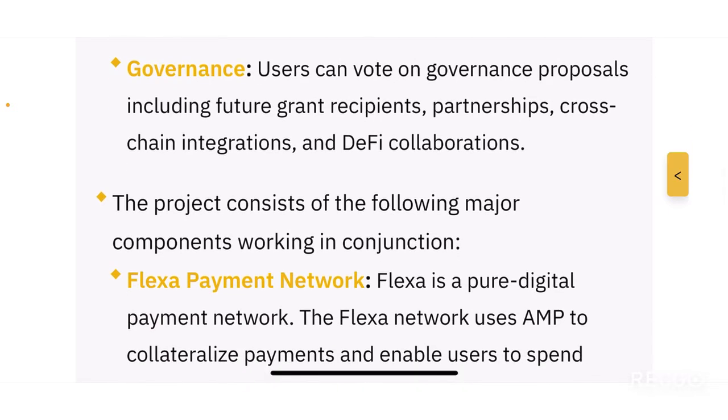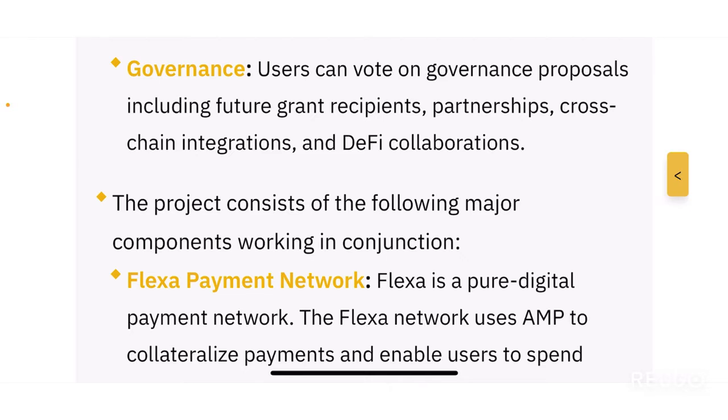The third main use case is governance. Users can vote on governance proposals, including future grant recipients, partnerships, cross-chain integrations, and DeFi collaborations. Again, the third and the most important use case is acting as a governance token, because governance is a part of any ecosystem, and for the Flexa payment ecosystem, AMP acts as the governance token.